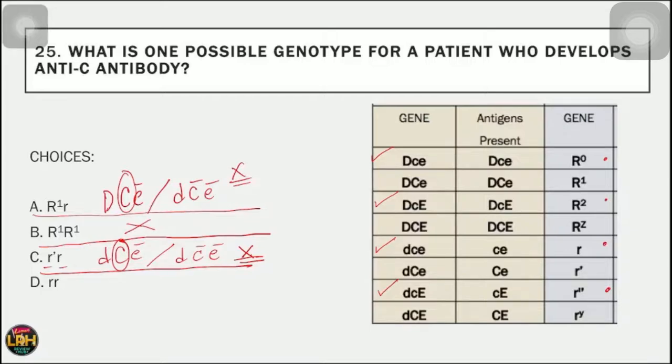The last choice would be letter D, R, which is known as your Rh negative genotype. So we have RR, which is the DCE. The answer is letter D. Letter D.